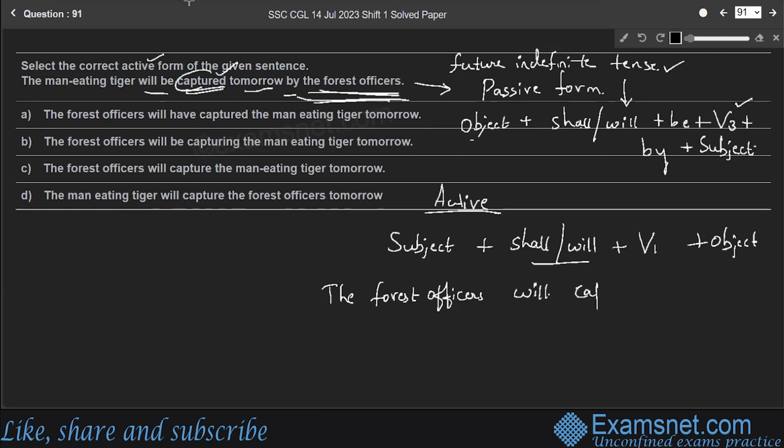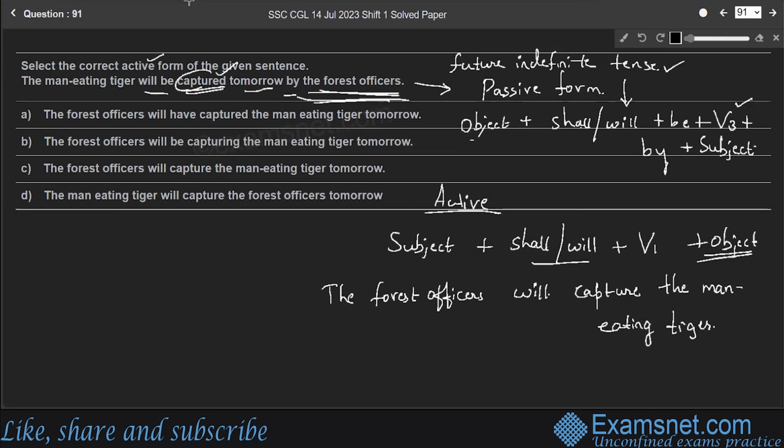Will capture the object. Here the object is the man-eating tiger, right? So, capture the man-eating tiger.